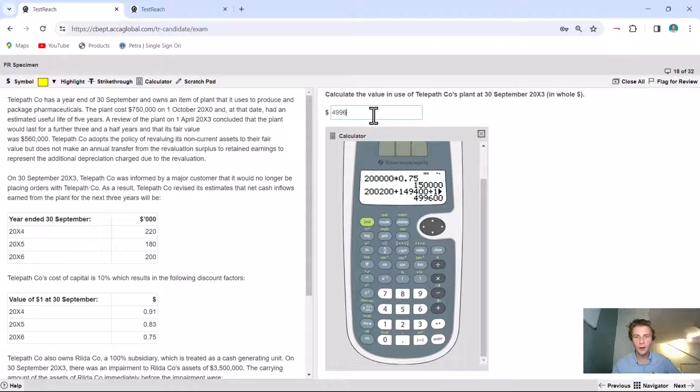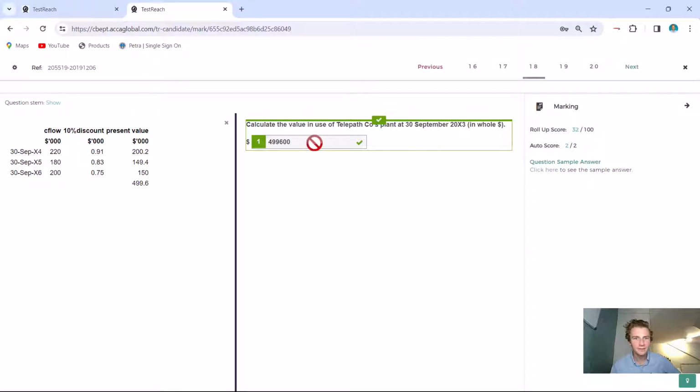You have to give the whole number as it asks for in the requirement in whole dollars, and that would be our answer for this question, which if we hop onto here for the answer, is 499,600, but with a bit more of an explanation on there.